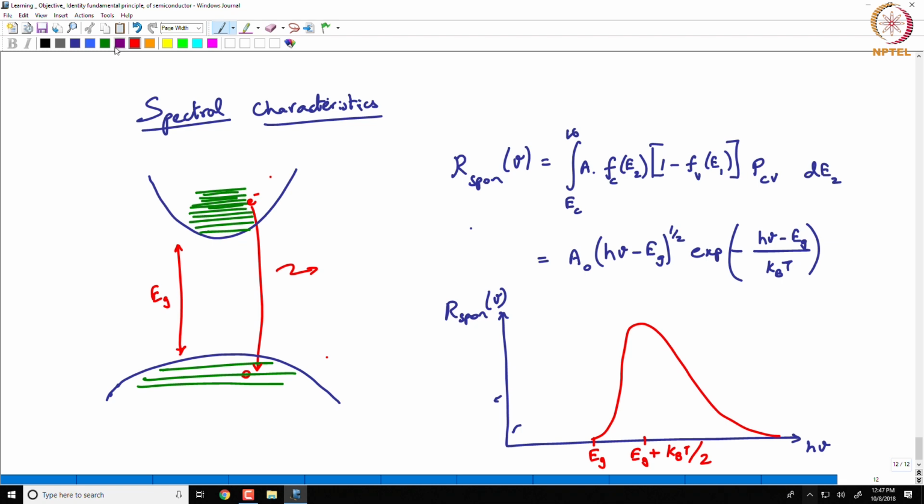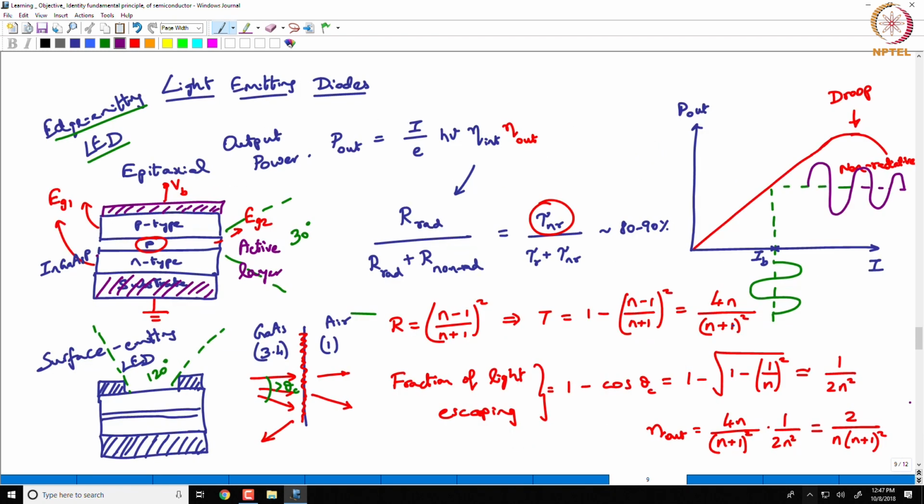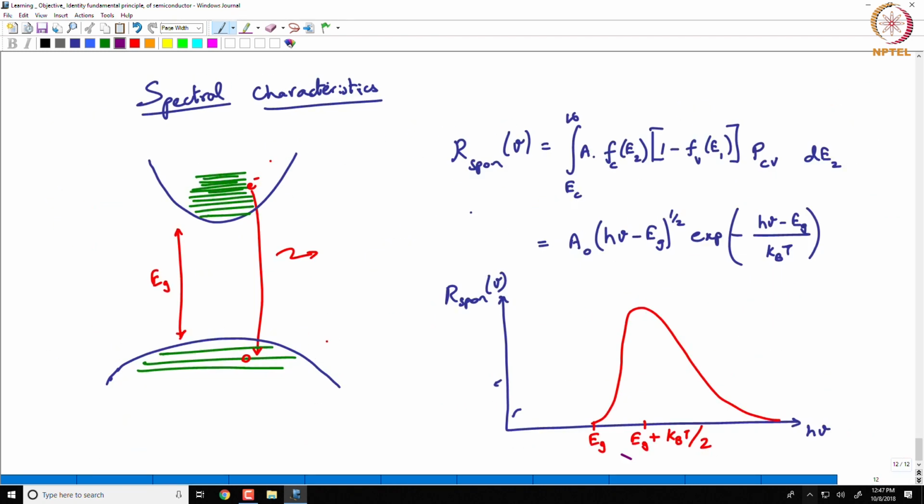And in this, one of the important things is the full width half maximum, FWHM.